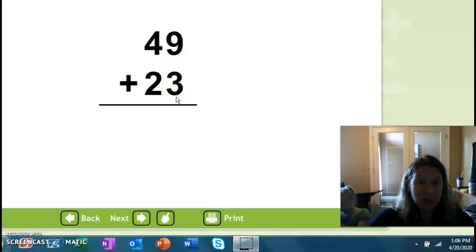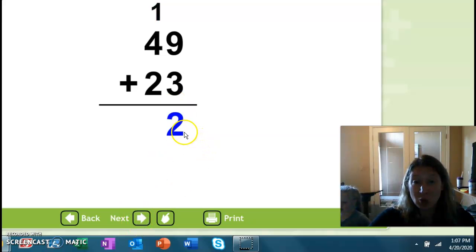What is 9 plus 3? 12, right? So 12 is a 2-digit number. We can't write 2 digits in the ones column. So we need to carry the 10 over to the tens column right here. And then you add the ones digit to the ones column.